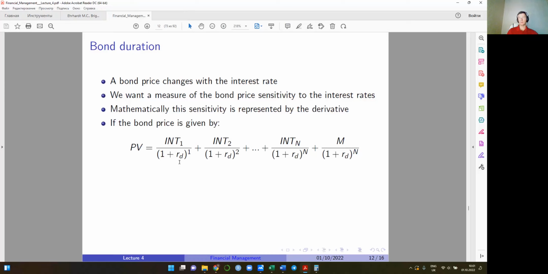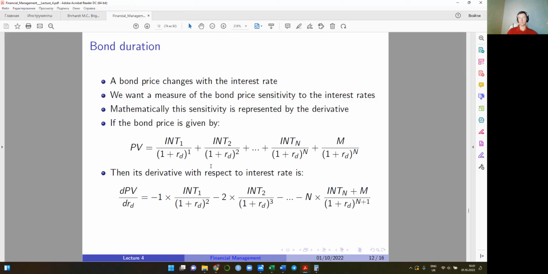So if this interest rate changes, present value also changes. And the derivative in calculus shows exactly the linear rate of change of a function with respect to the variable. So when we take the derivative with respect to the interest rate, we get the following expression.